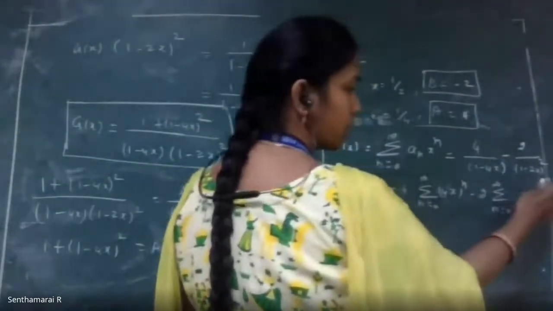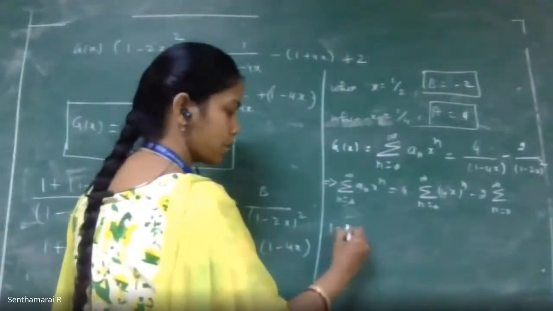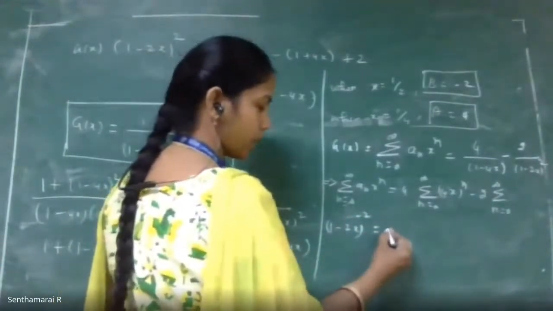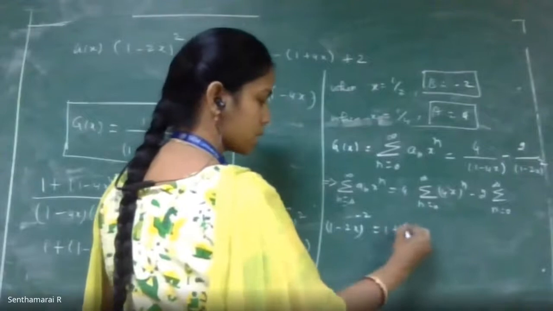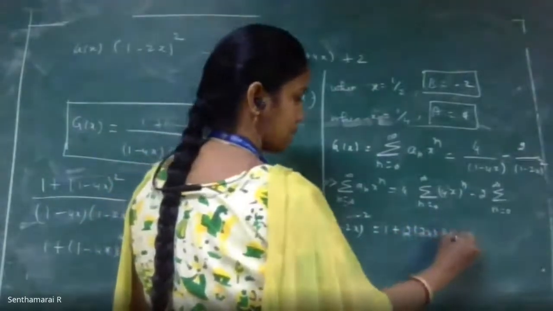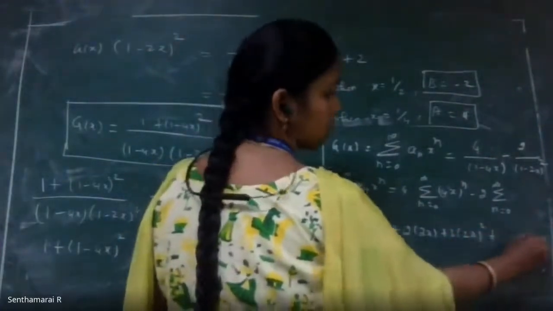For this, you should know the formula 1 minus 2x to the power minus 2. When you expand like this, what will come? 1 plus 2 times of inside the bracket plus 3 times of inside the bracket, the whole squared. It goes like that, you know.